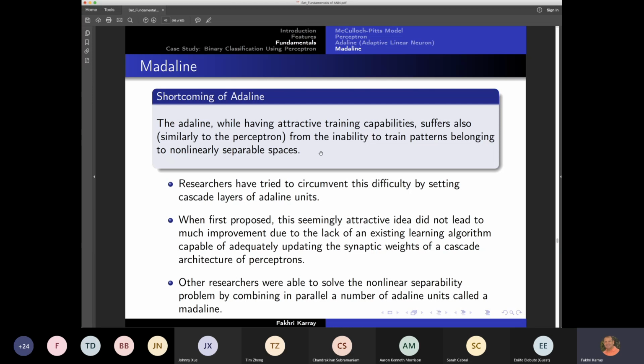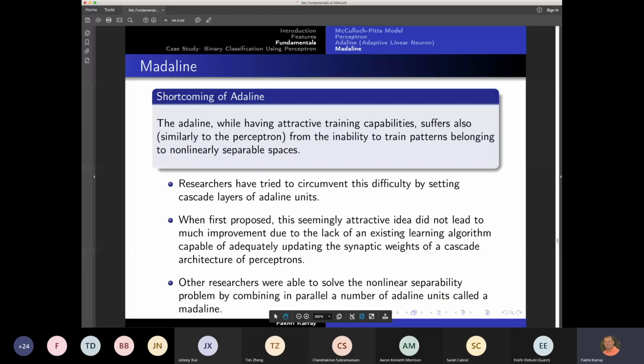So this was a major setback in the early 70s, when people breathed a sigh of relief. The Adaline is a good generalizer, but still it's only for linear boundaries. So people have tried to come up with improvements on the Adaline.